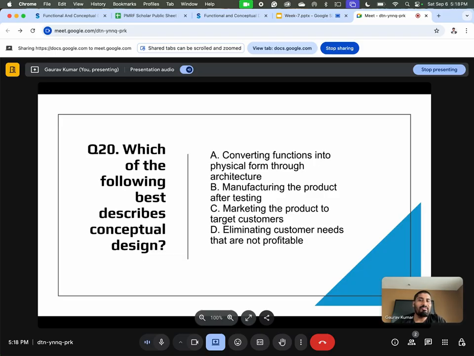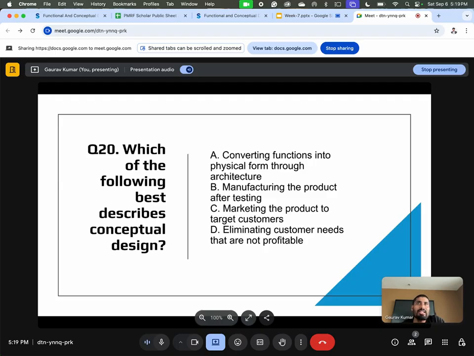For instance, if a function requires transport heat, conceptual design decides whether it will be done through a fan, a heat sink, or liquid cooling. So it is not about manufacturing, marketing, or eliminating customer needs. Those are later or external processes.